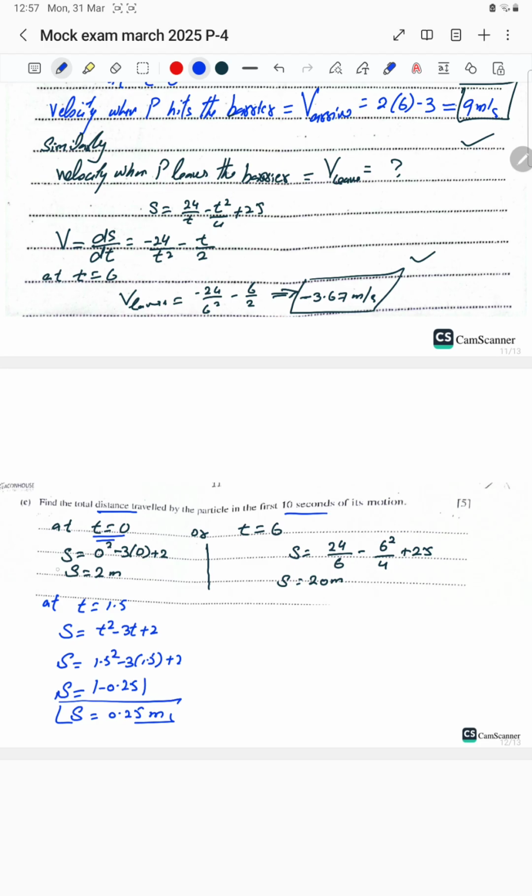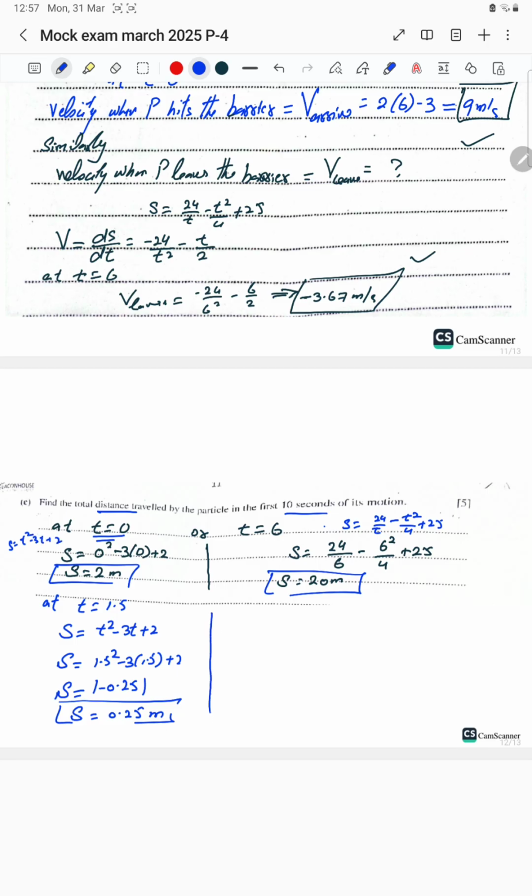We have calculated this, and this, and this as well. This is for the second case. S is equal to 24 by t minus t square by 4 plus 25, and for the first we took s equal to t square minus 3t plus 2.